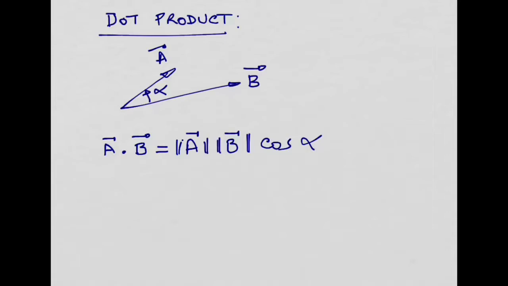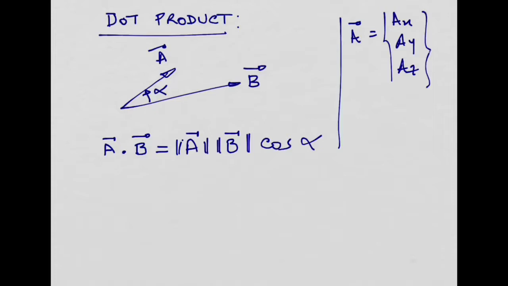There are other ways of doing this dot product. For example, if I say that my vector A is given by these components AX, AY, AZ. So I'm doing in 3D now. And for example, if I tell you that my vector B will have these components BX, BY, BZ.